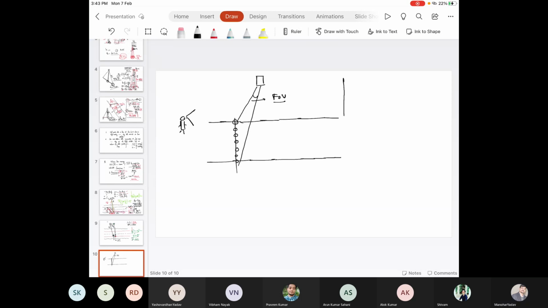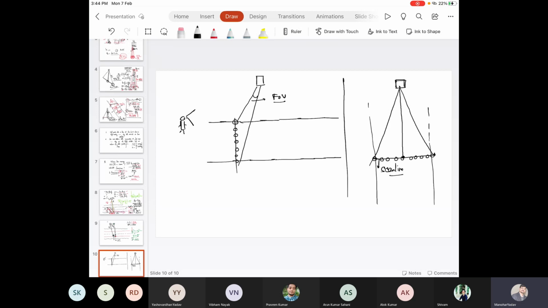its view will be, this is your sensor system. This is the area strip, and this is the scan line.